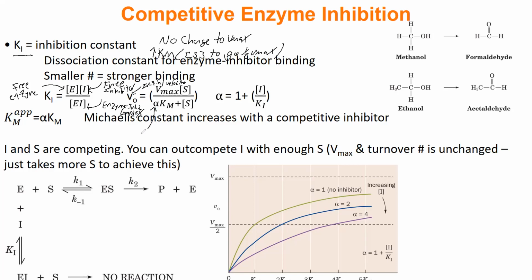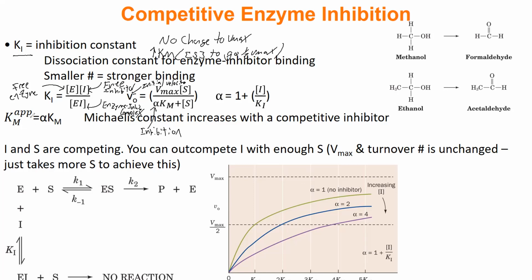This alpha is, I don't have a good word for it, but it's due to inhibition. The higher this alpha number is, the better an inhibitor you have, because if alpha is 2, you're saying you need twice as much substrate to go 1/2 your maximum velocity.